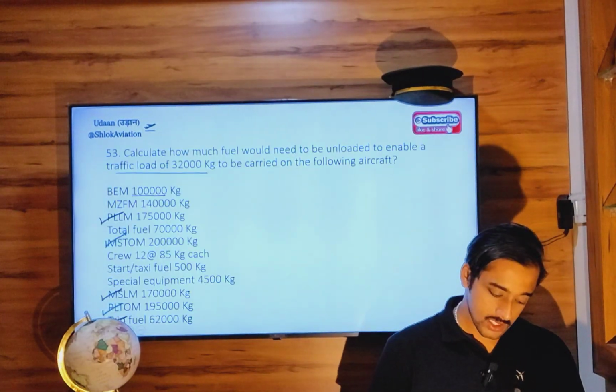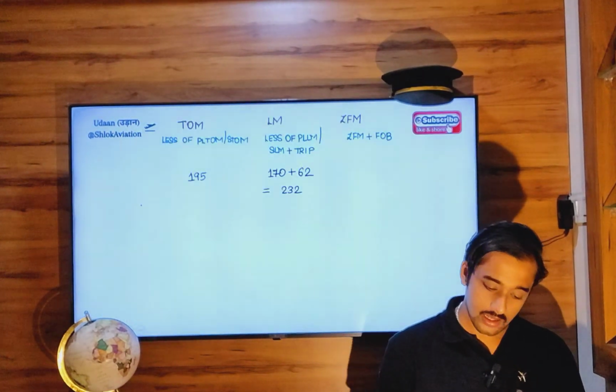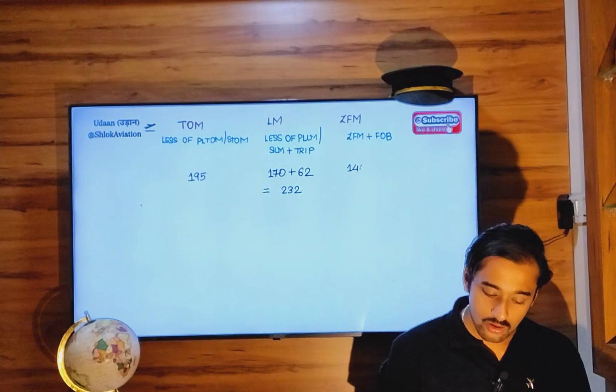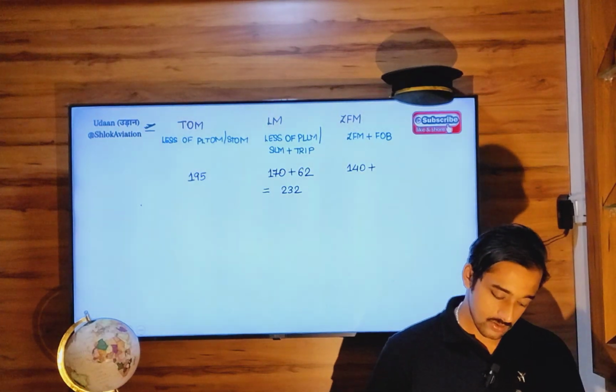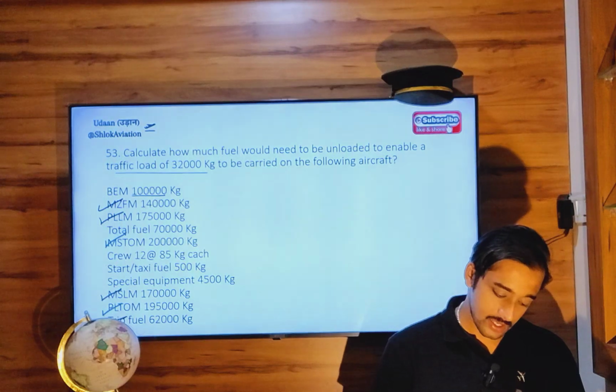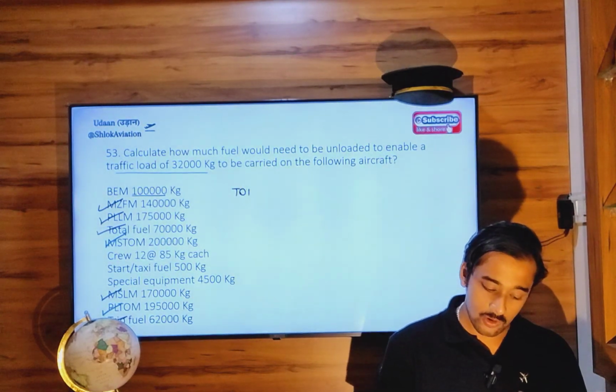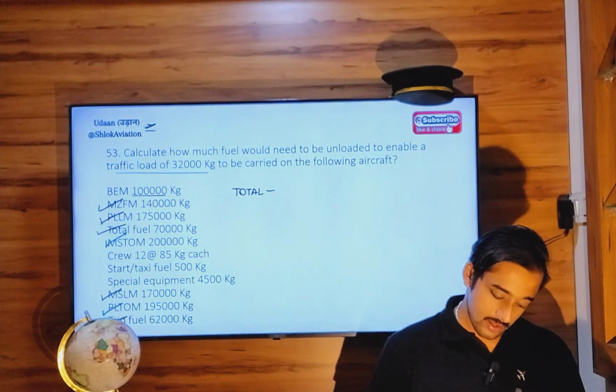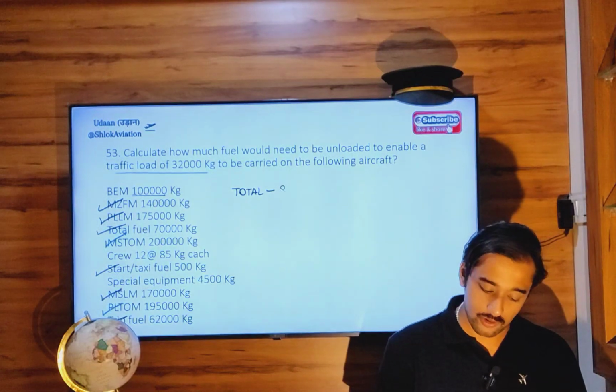Zero fuel mass. Now zero fuel mass is 140. Fuel on board is not given to us directly. We have been given total fuel. So fuel on board is nothing but total minus startup and taxi fuel.